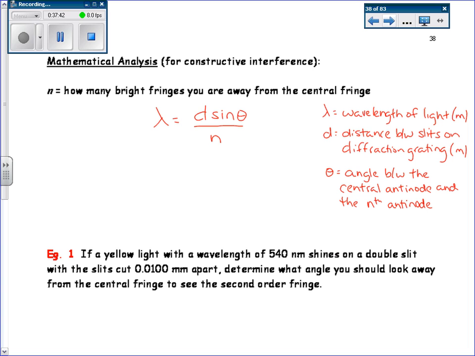And so if I draw a diagram to represent this, this is my screen where the pattern will show up, and this is my slit screen. So to keep them apart, we'll call this the viewing screen and the slit screen. The distance here between the slits, that's d.